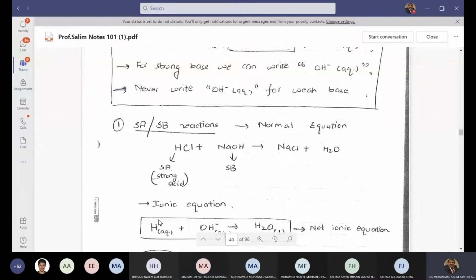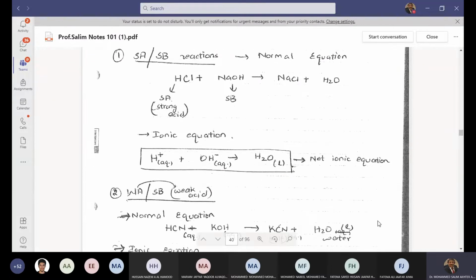For sodium hydroxide, I will write down OH minus. So H plus plus OH minus equals H2O.